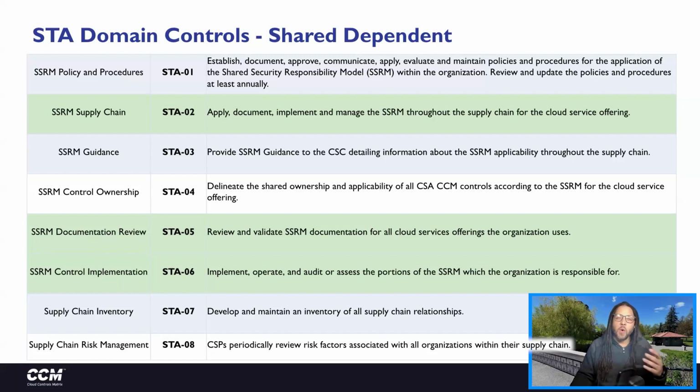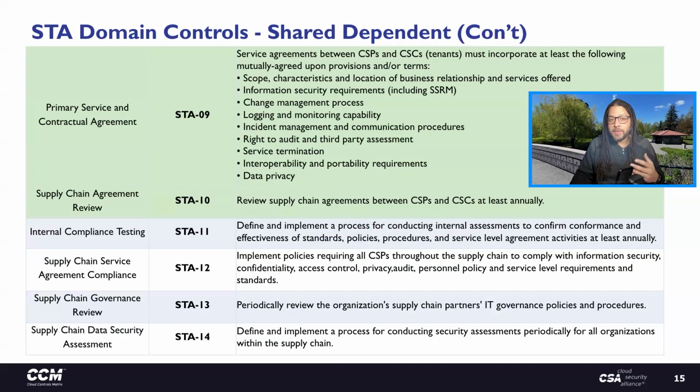So exactly what is shared, how that sharing happens, that's a detail that you want to be really clear on in your contracts, and that's actually what comes up here in STA 9, where you're outlining those minimal contractual terms, the minimum terms that have to be agreed upon between the provider and the customer. It's not an exhaustive list.